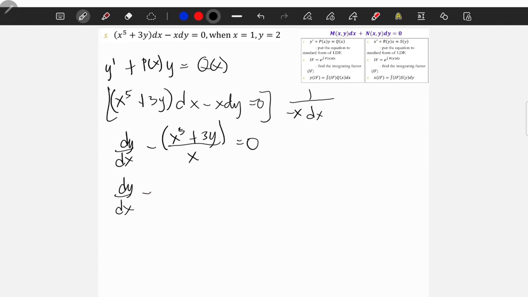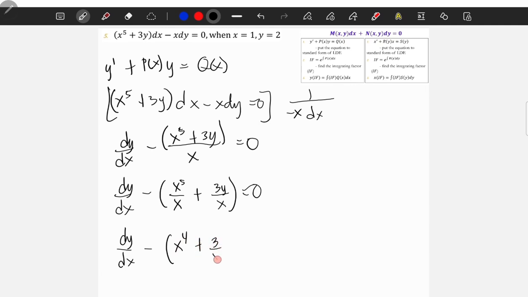Then, our numerator has two terms and there is one single term in the denominator. By using the distributive property of division, this can be separated into x to the power of 5 over x plus 3y over x equal to 0. So, dy over dx is negative. x to the power of 5 over x is x to the power of 4, plus separate the variables x and y.